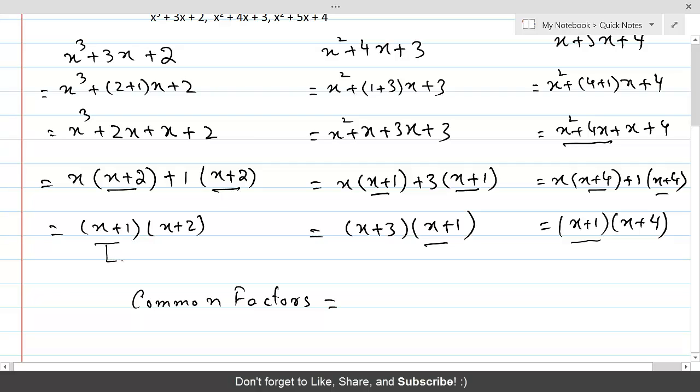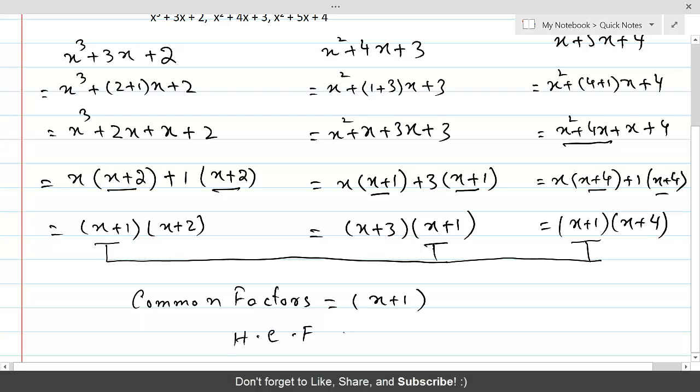So among all three polynomials, x plus 1 is the common factor. That's the only factor in fact which is common, therefore the HCF would be x plus 1. We are supposed to write the product of all common factors, but in this case there is only one, so x plus 1 is the highest common factor.